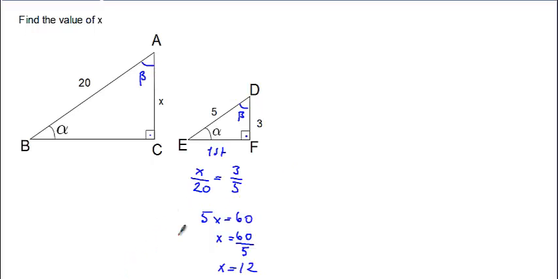The second method is related with the second way. We can use also the trigonometry. In the small triangle, sine alpha, which is opposite of alpha over hypotenuse, it's going to be, in the small triangle, sine alpha is equal to x over 20.